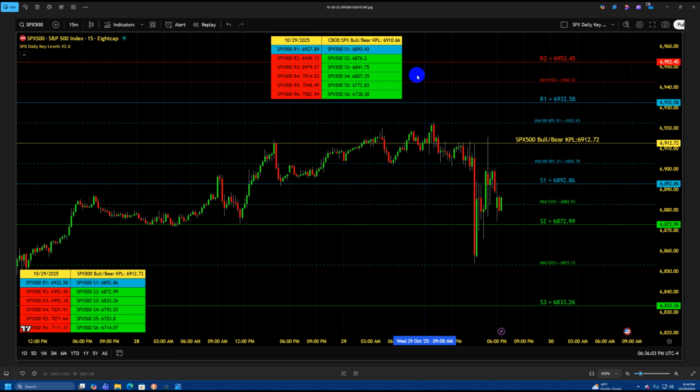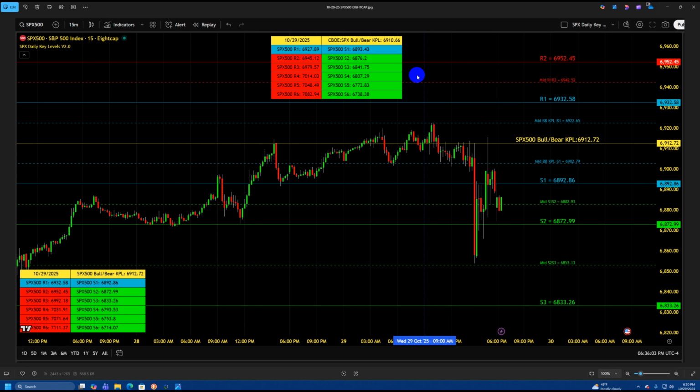And for that reason, even though the indicator already knows what the levels are going to be for the current day session at 9 a.m. Eastern, it cannot plot them on the SPX CBOE chart until the first tick at 9:30 market open, because of the way that TradingView PineScript coding works, that if the market is closed for the particular symbol that you have it on, even if your indicator already knows and has already done the calculations for the levels, PineScript does not allow you to plot them on the chart until the first tick when it opens.